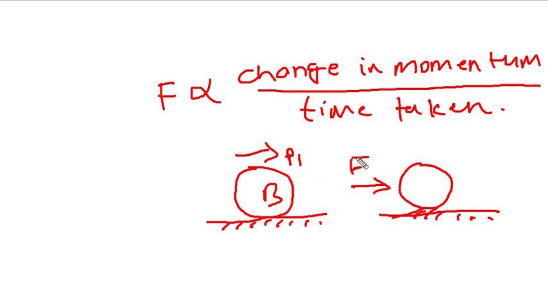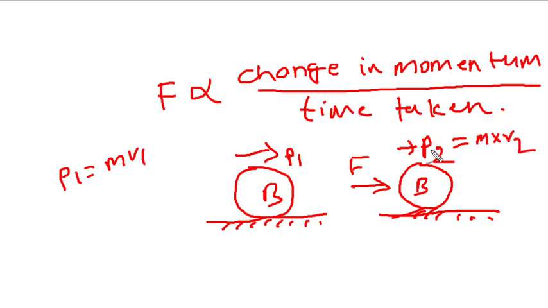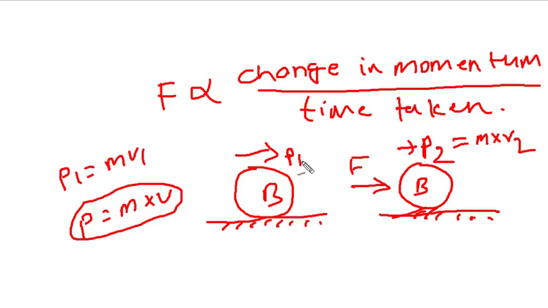Its momentum changed to P2. P1 was mass into velocity 1. P2 is now mass into velocity 2. You remember, we said P is mass into velocity. It's the momentum.